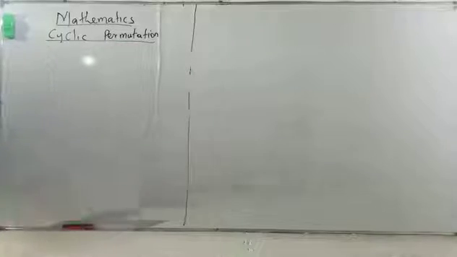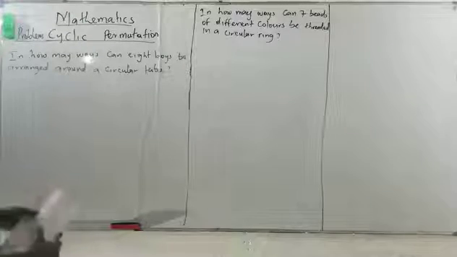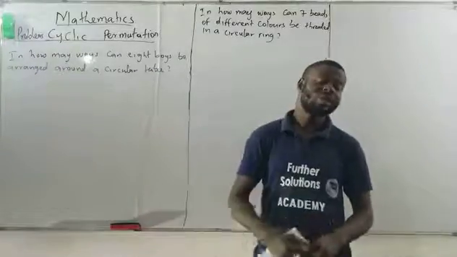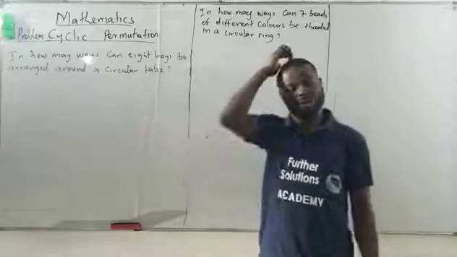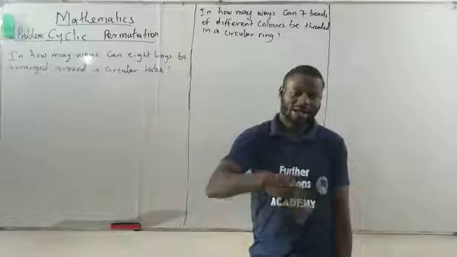Okay, now let's see some problems so that we can understand all this. Let's walk along with these two problems, the first one and the second one. Don't forget, before you think of cyclic permutation, your question must contain circular parts, like a circular ring.